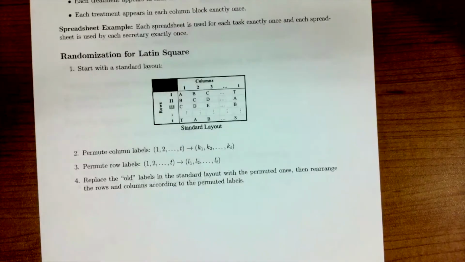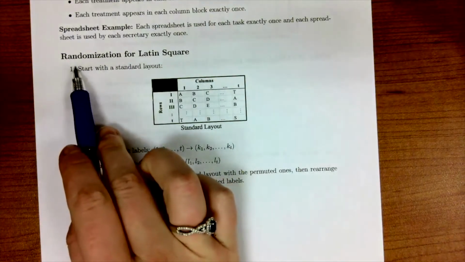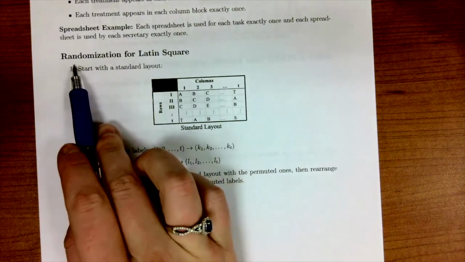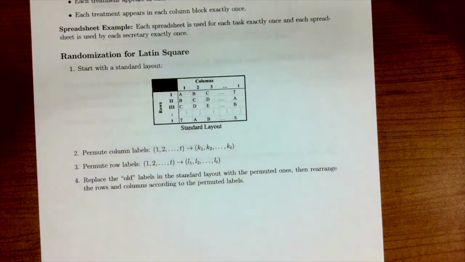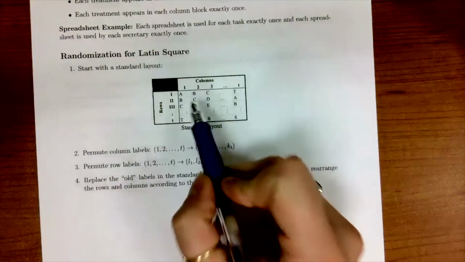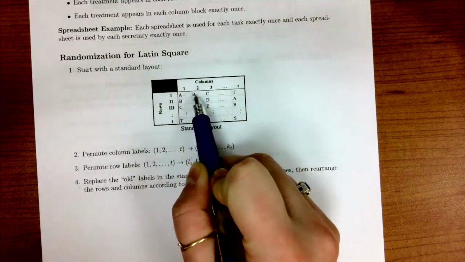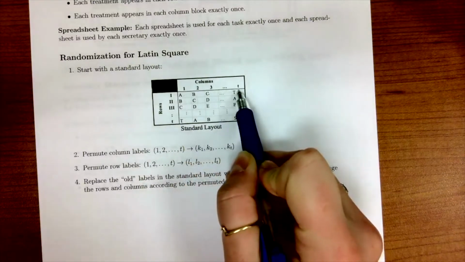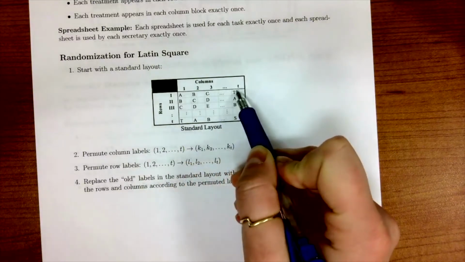Okay, so let's talk about randomization for a Latin square. This would be, I guess the best word would be, an algorithm to ensure you have a randomized Latin square. So you're going to start off with a standard layout where we're going to put treatment A, B, C, all the way to T. I'm assuming we have capital T treatments.